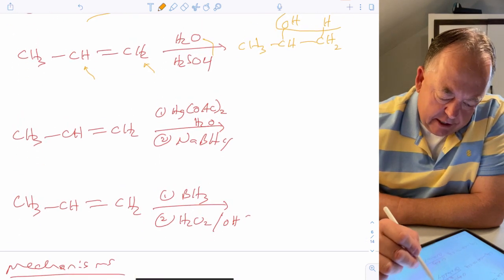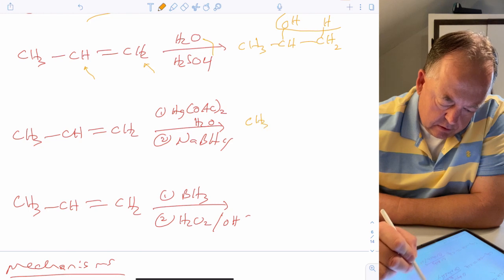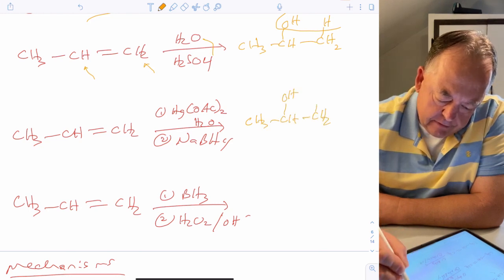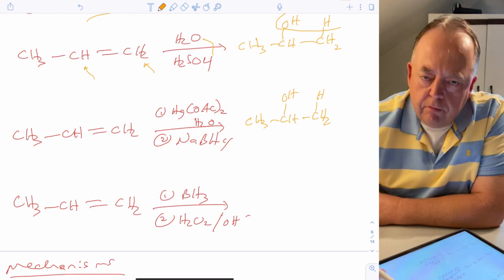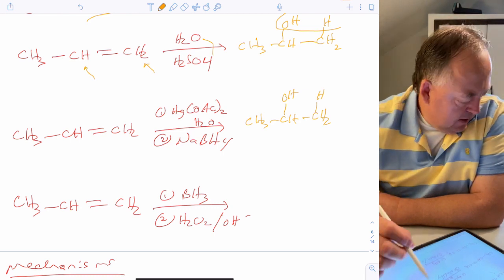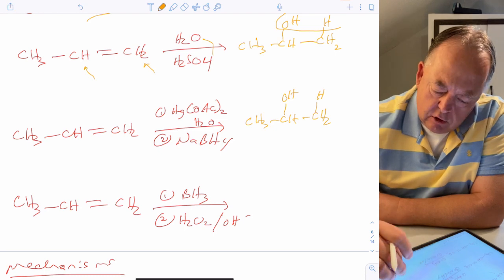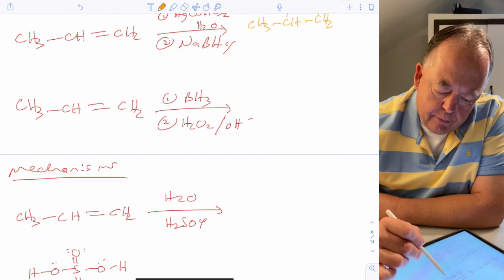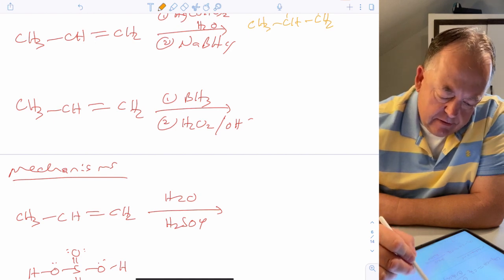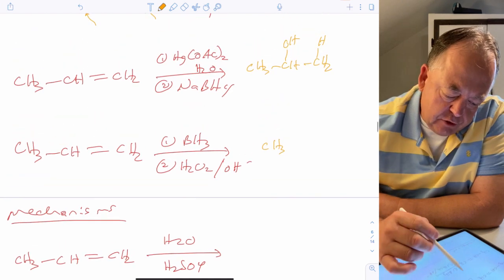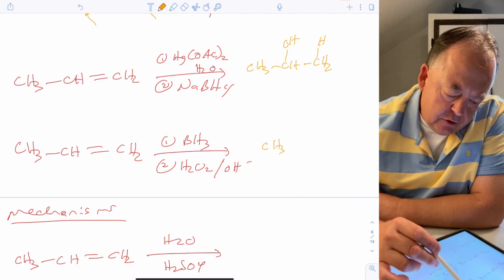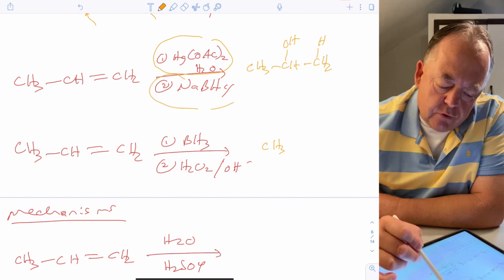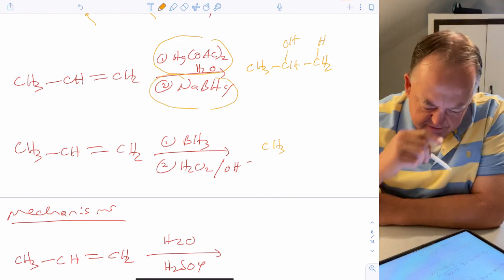And if you did this reagent, then you get the same product here. So that's another way to do Markovnikov addition of water. So we'll talk about this reaction in a little bit more detail in just a minute. And if you did BH3 followed by peroxide and hydroxide, so the 1 and 2 means you do those reactions in sequence. You do the first reaction, and then after that reaction is done, then you add the next reagent to the same flask.